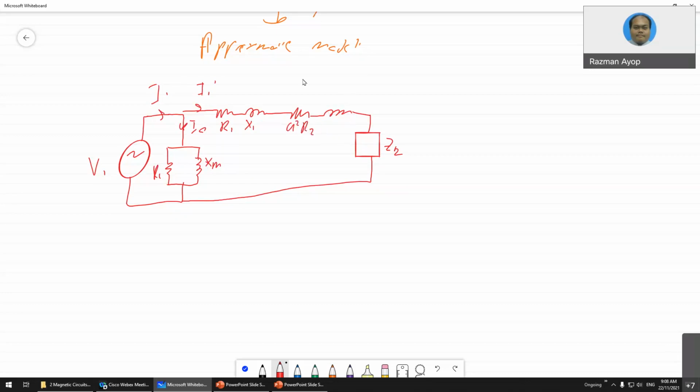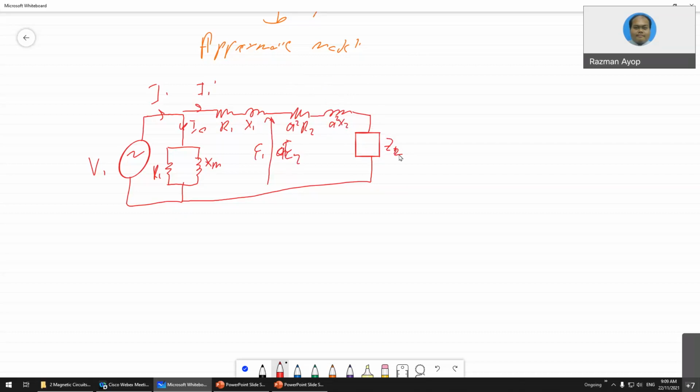If you bring the secondary side to the primary side, make sure you know how to change it. So this one is E1 or AE2. This one is A squared X2.